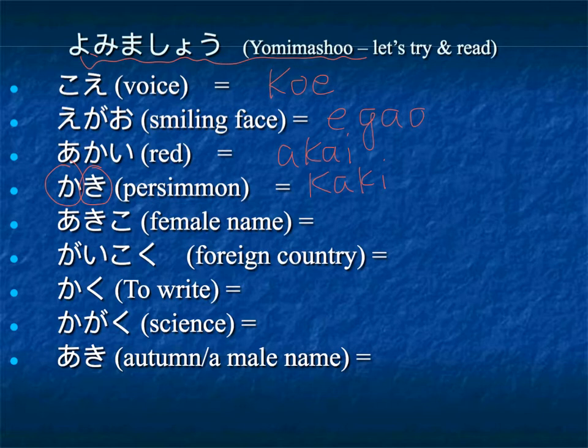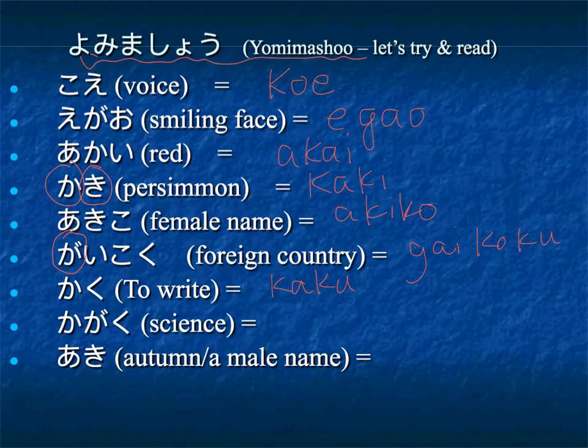A common female name is akiko. Foreign country: notice we have one here that has the ten-ten on it, so it's ka with ten-ten, that equals ga, and so it's ga, i, ko, ku, gaikoku. To write in Japanese is kaku.